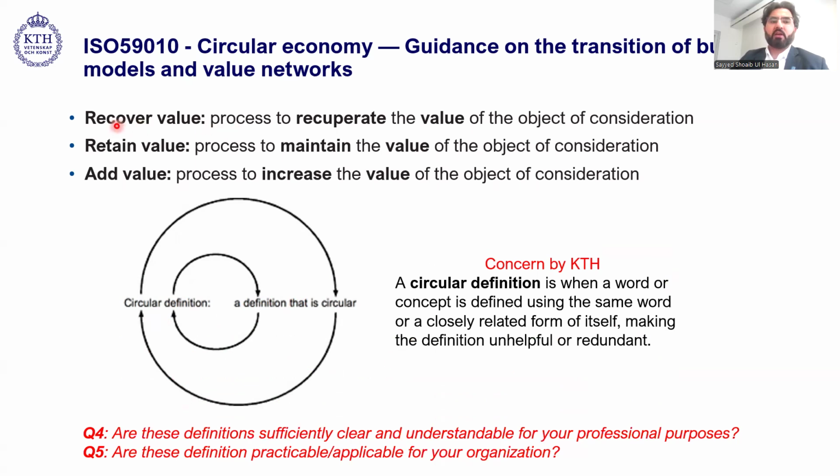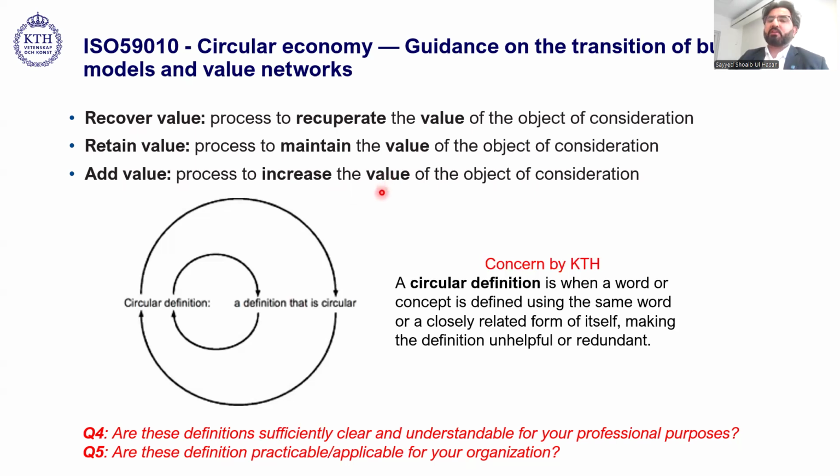As you can see here, recover, we are using the synonym recuperate. Retain, we are using the synonym maintain. Add, we are using the synonym increase, and value is also used. So these definitions can be improved without using synonyms and the term itself in the definition, so the reader gets much more help and better understanding.